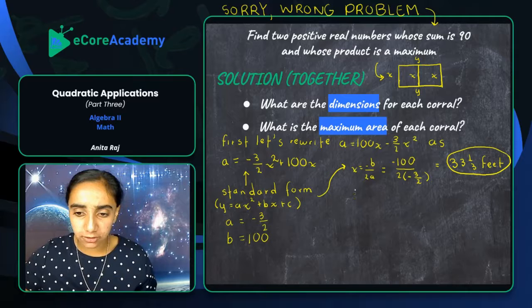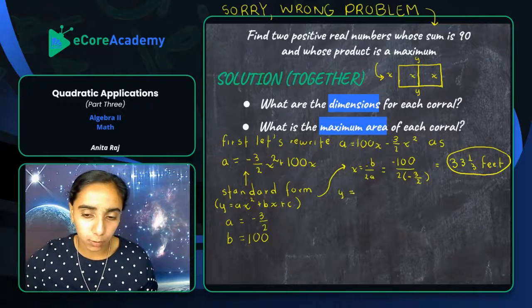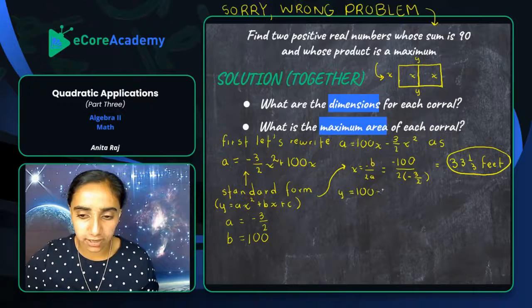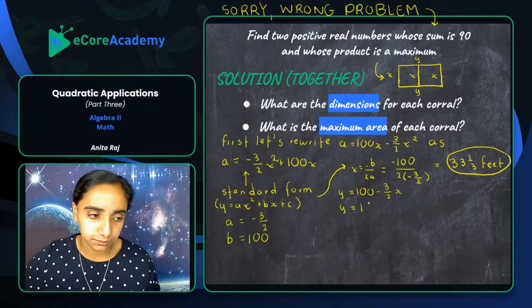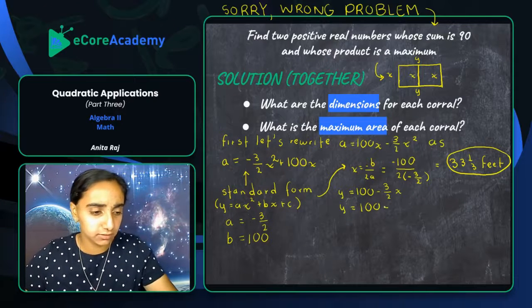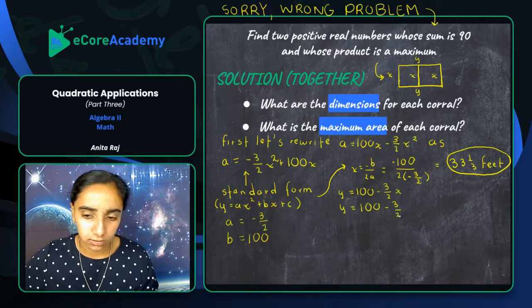So we'll just rewrite that, y equals 100 minus 3 over 2x. Well, now that we know what x is, we can just plug that in and find what y is. So y is equal to 100 minus 3 over 2 times 33 1/3.